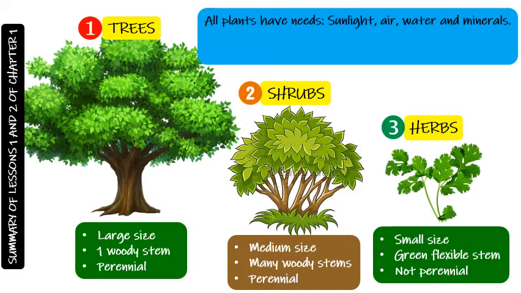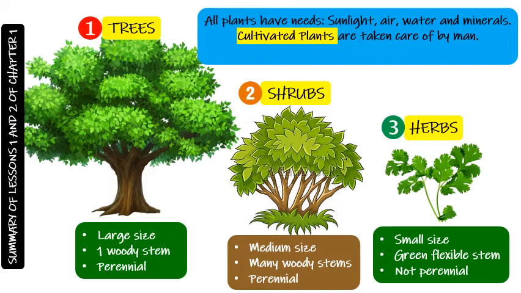All of the plants, trees, shrubs, and herbs, all of them have special needs. They all need sunlight, they all need air, they need water, and also they need minerals to grow healthy. When we provide the plants with these needs, when we care for the plants and give them what they need, we classify plants as cultivated.